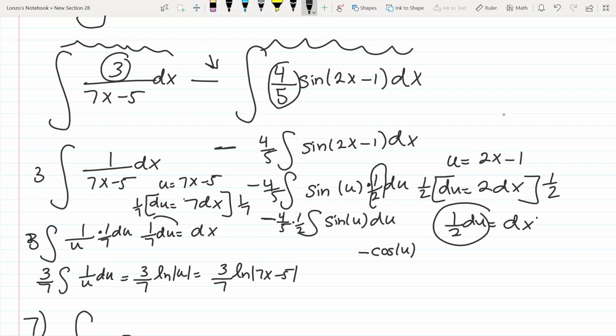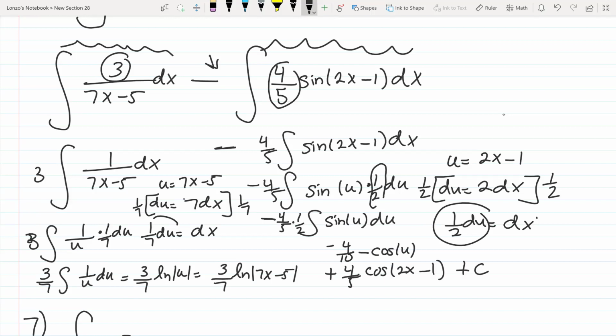And then you also have this negative 4 and this 1/2, which is negative 4/2. And we know that 2 negatives become a positive, so that's positive, then cosine of u, and we said our u was 2x minus 1.